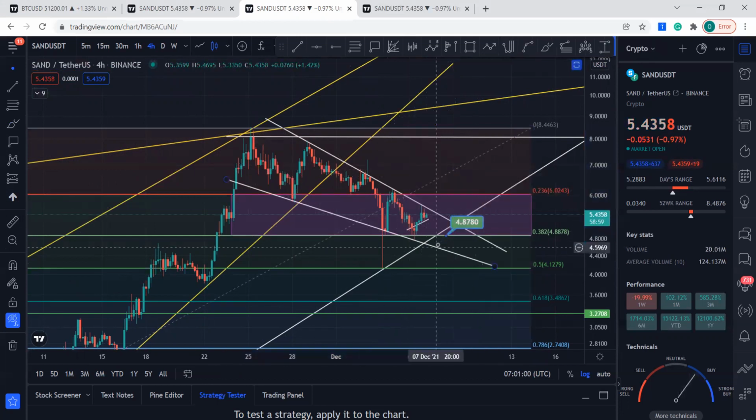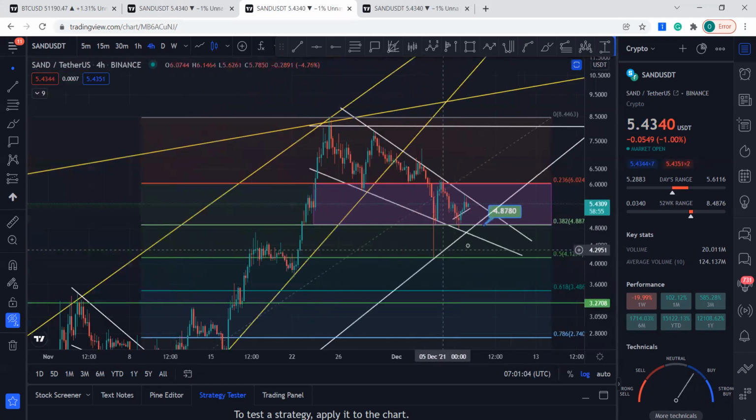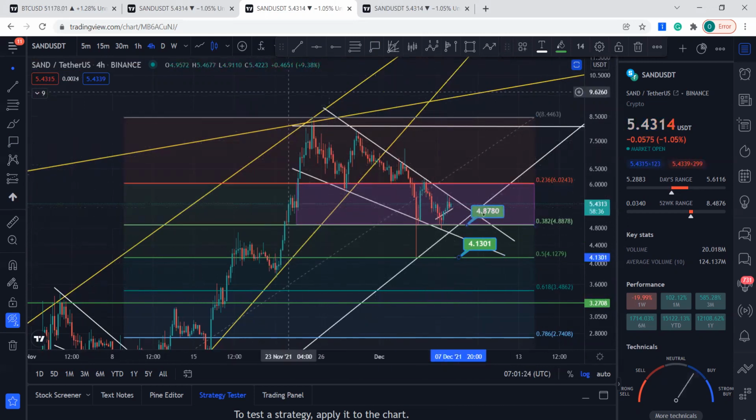Momentum and confidence in the market is very important. But if it does break the 4.87 level like I told you, it might come right over there. This is the second good support for Sand. But unless and until it's in this pattern, it's making a falling wedge.